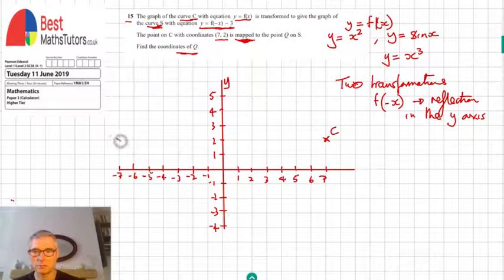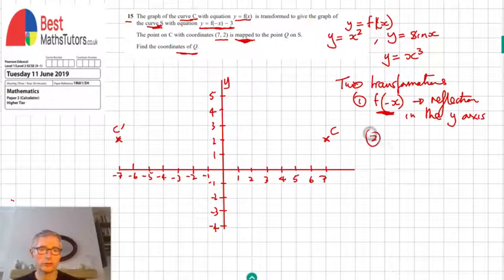So it's going to be minus 7. This is when we've done the first transformation. I'm going to call that point C dash, just so we can distinguish it. This is when we do f of minus x, which is a reflection. So that's our first transformation.